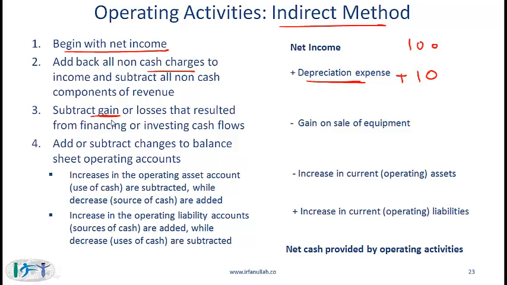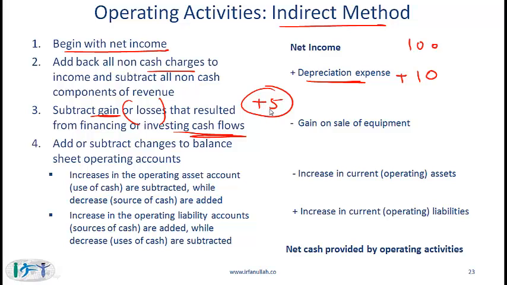We subtract gains or losses that resulted from financing or investing activities. So actually subtract gains or add the losses that resulted from financing or investing activities. The classic example would be, let's say that on the income statement we showed a gain of 5 from the sale of equipment.